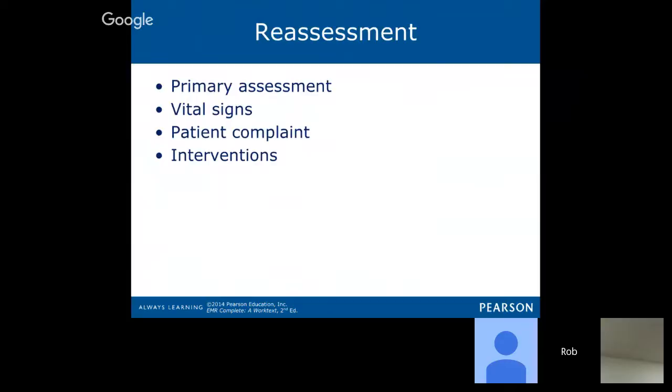We're talking about compensated shock, where we had this blood pressure that was in the normal range with this high heart rate. Well, if the heart rate stays high and that blood pressure starts to drop below a normal range, we know that our patient is becoming less stable, right? They're kind of circling the drain.